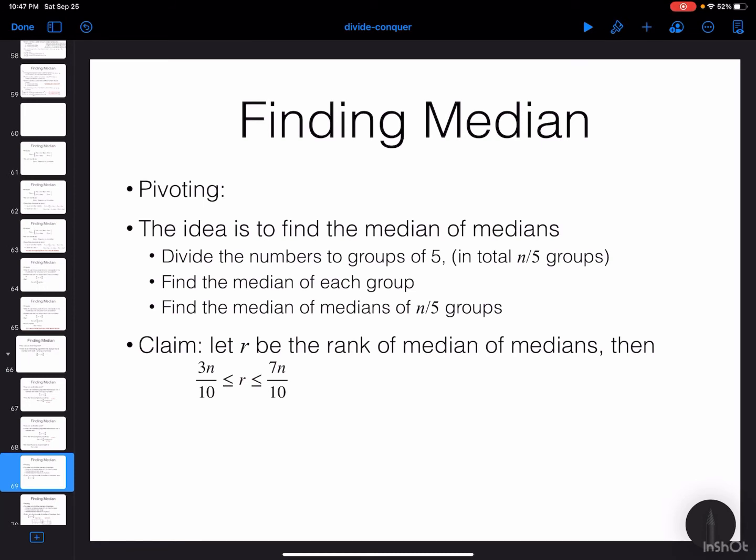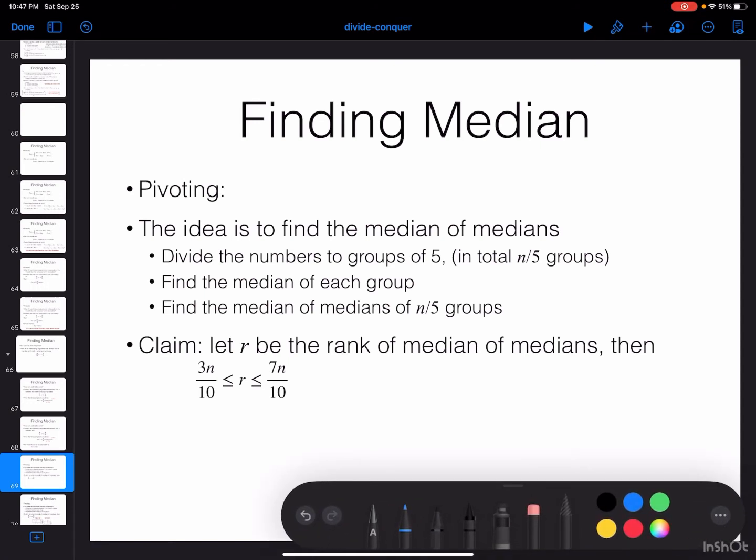I'm going to explain the algorithm here for you first, and then we get back to analyzing the time complexity of the original problem. So this algorithm for finding the pivot is telling you to divide all n items that you have into groups of 5.